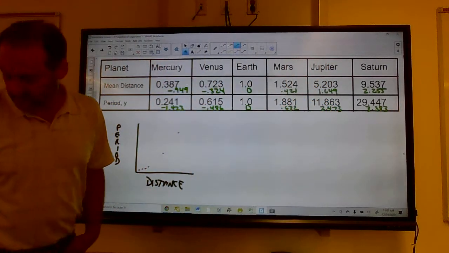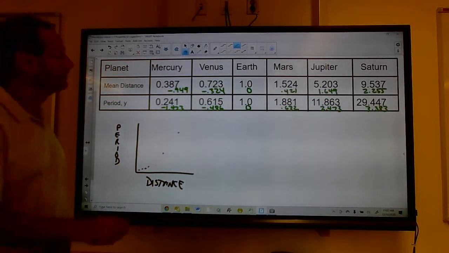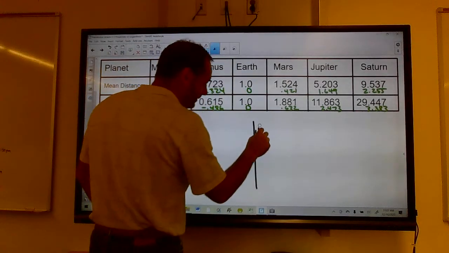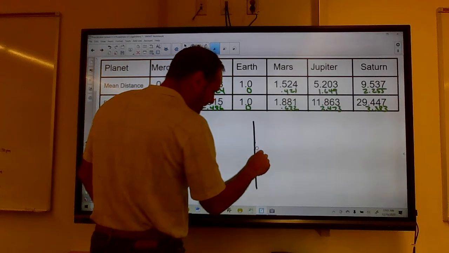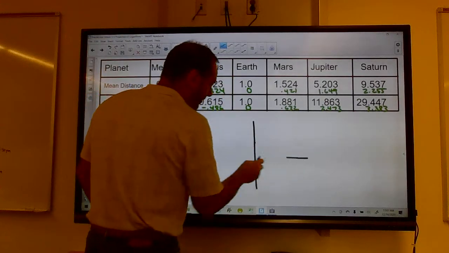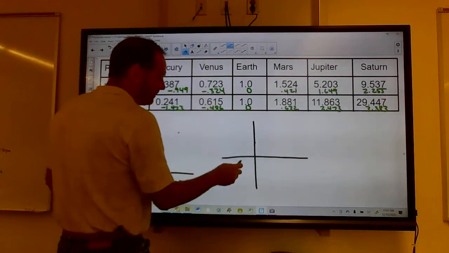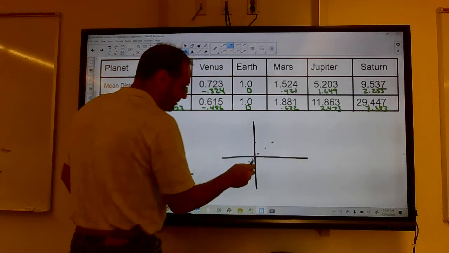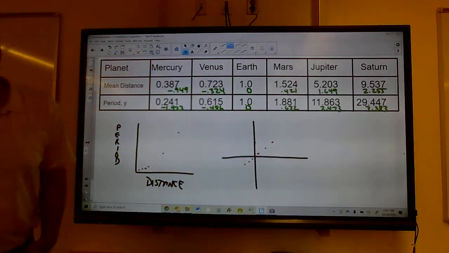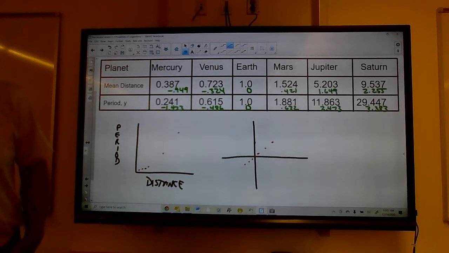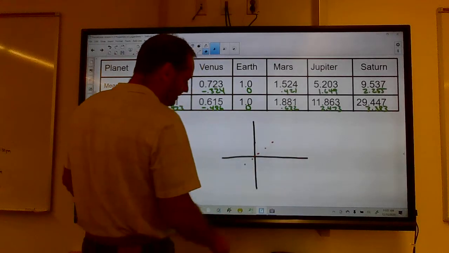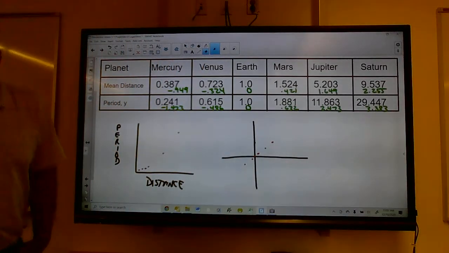And then you find something interesting happens. If you regraph those, you get a straight line. There's only 2 down here. You get a straight line like that.